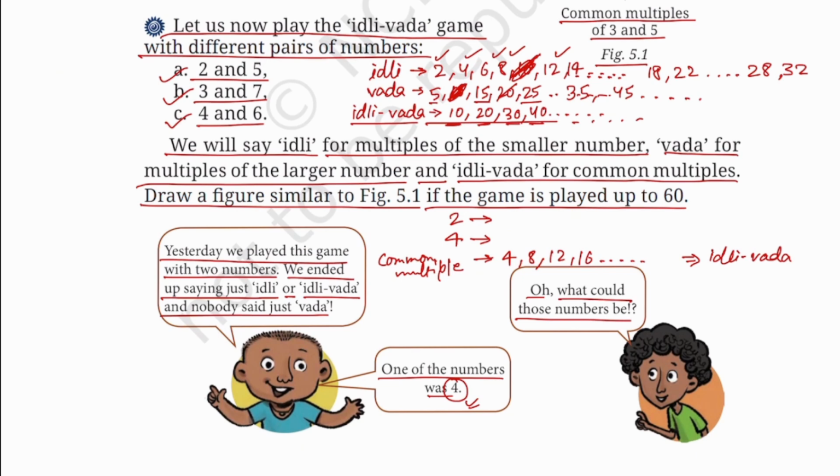And for the multiples of 2 that are not in the list of common multiples, such as 2, 6, 10, 14, 18, 22, like that, idli will be said. Since multiples of 4 are already in the common multiples, nobody gets a chance to say vada.